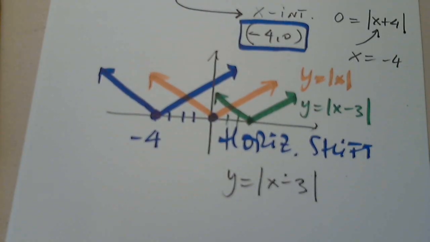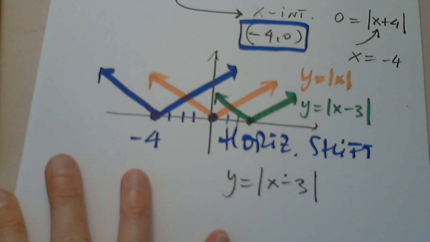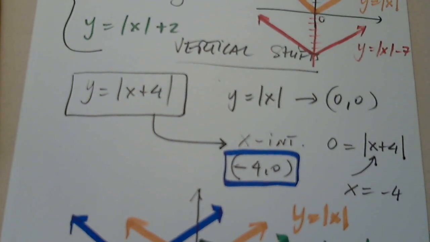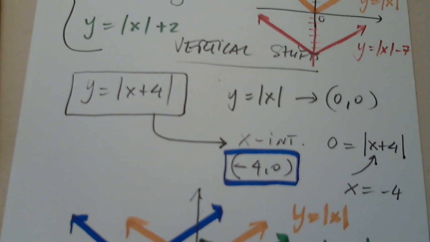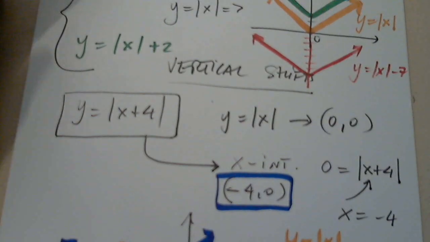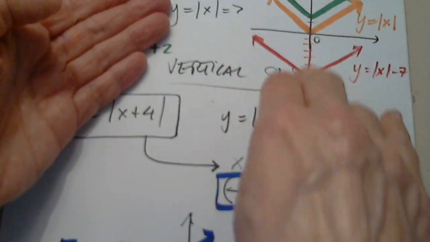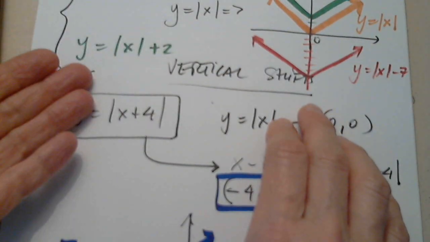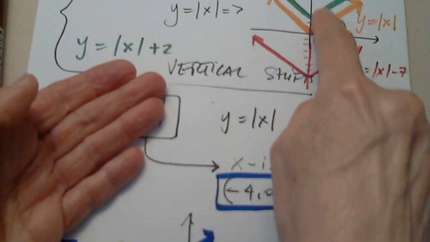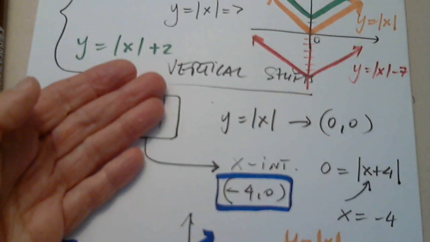So, in summary, vertical shifts are very easy to understand because it's what you would expect. Why? The absolute value of x minus 7 pulls down the graph 7. The absolute value of x plus 2 goes up, shifts the original graph up.